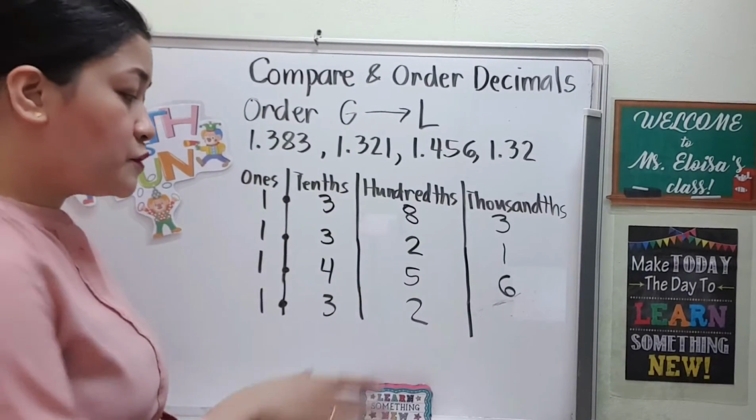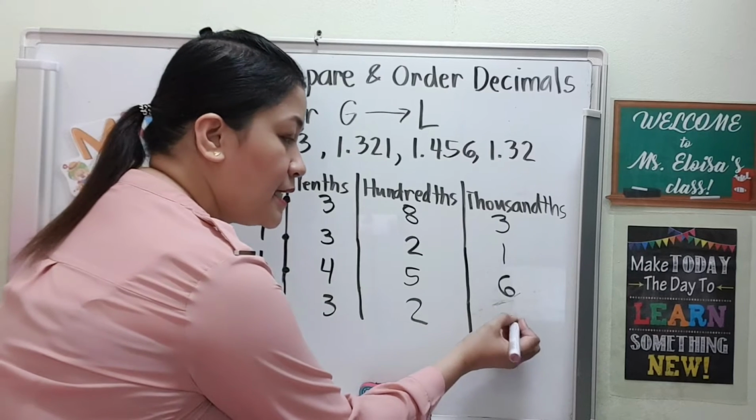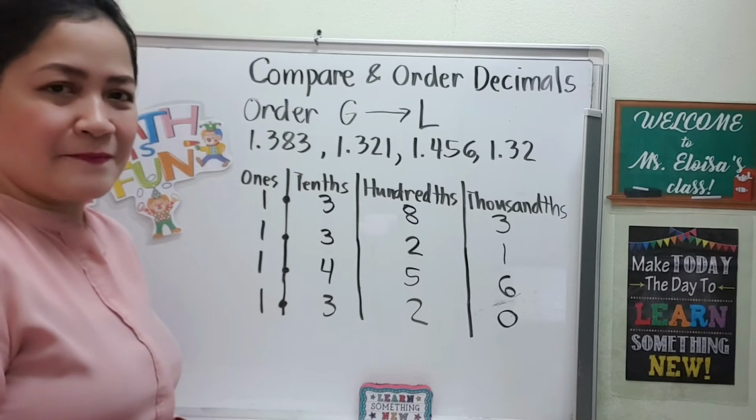Since we only have 2 decimal places in our last number, then we can put 0 at the last, at the thousandths place, to make the decimal places the same.